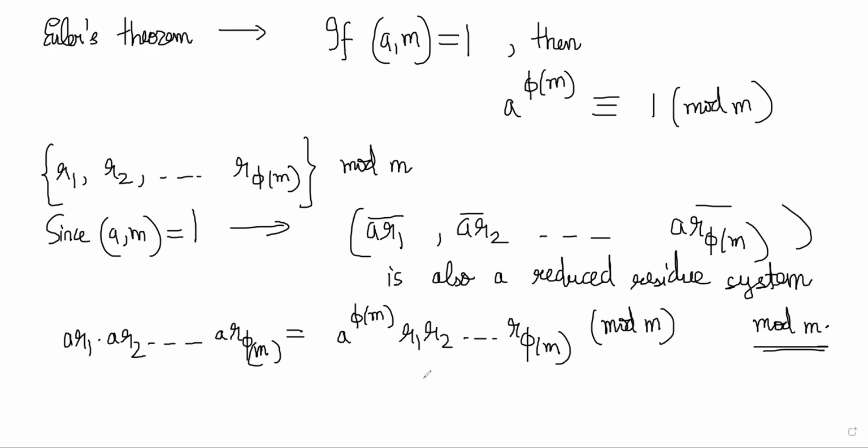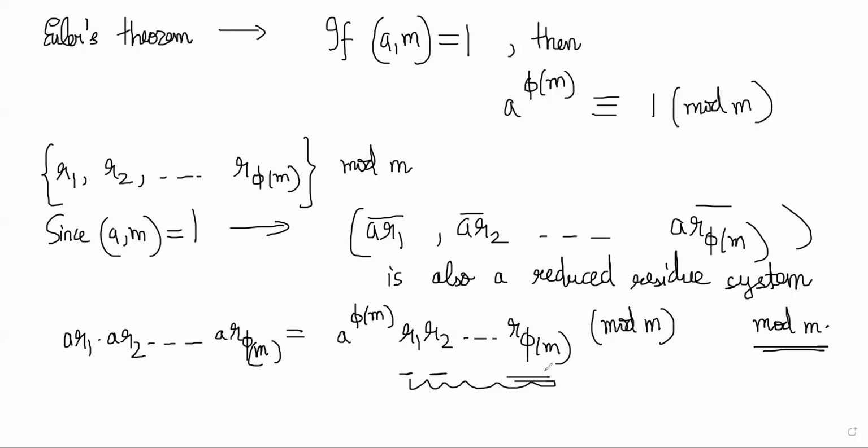Now we know that R1, R2, up to R phi M, all of these numbers are co-prime with M, right? So the product of these numbers will still be co-prime with M, right?